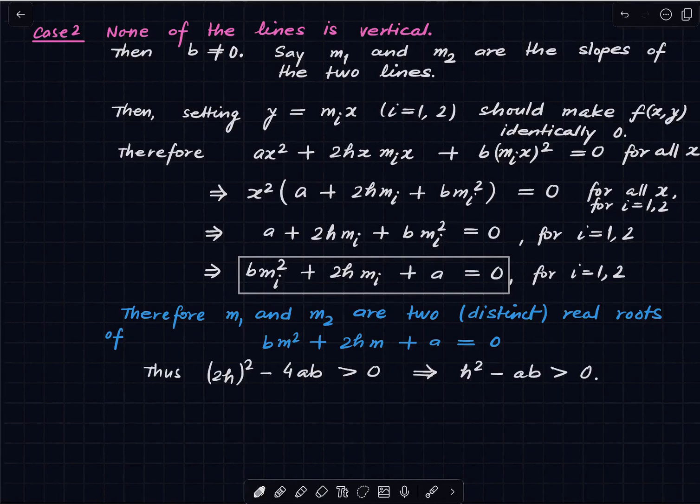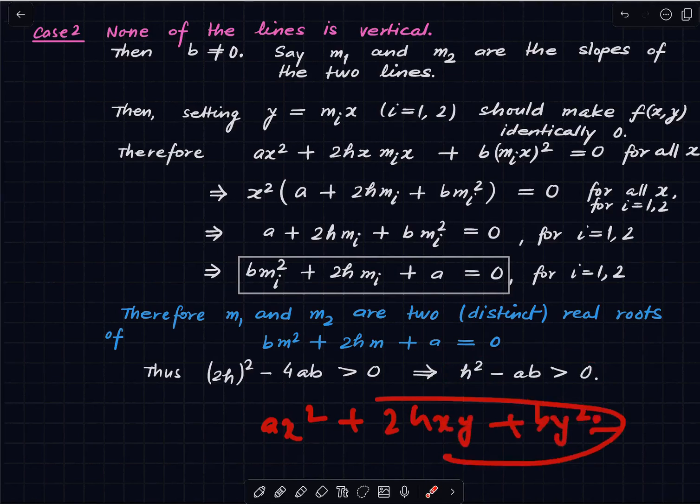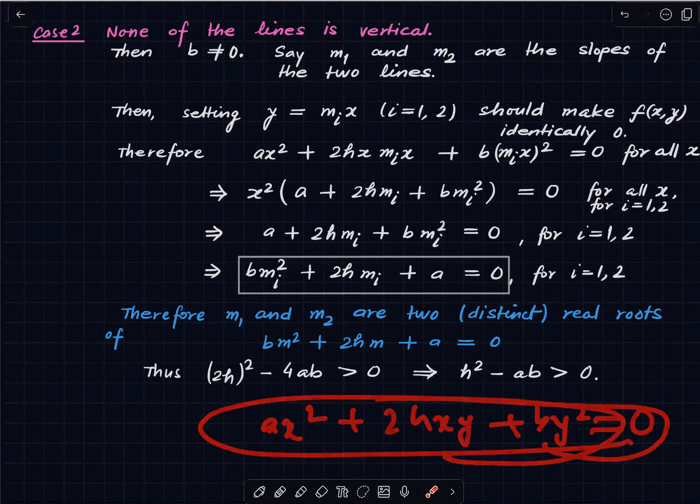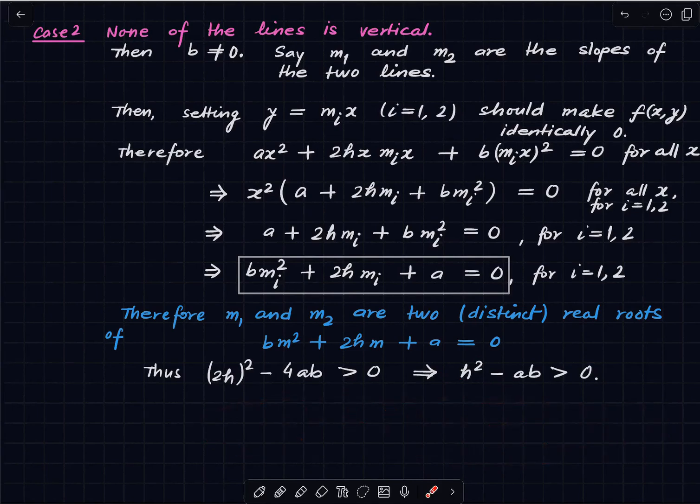For the reverse direction, what one has to do is start with this and prove that the algebraic expression, which is ax squared plus 2hxy plus by squared, equal to 0, is the equation of a pair of two distinct straight lines passing through the origin. But since you have this, what you get is that this quadratic has two distinct real roots, call them m1 and m2.